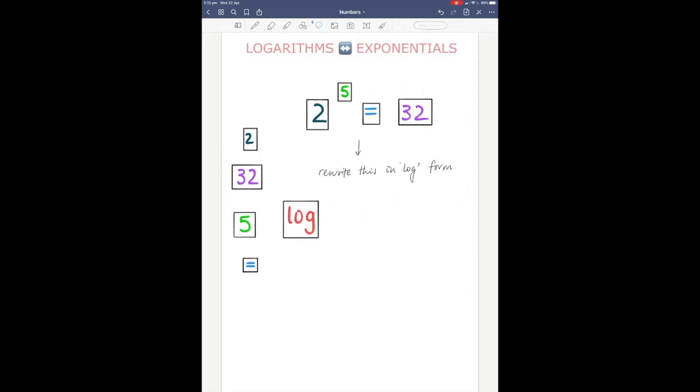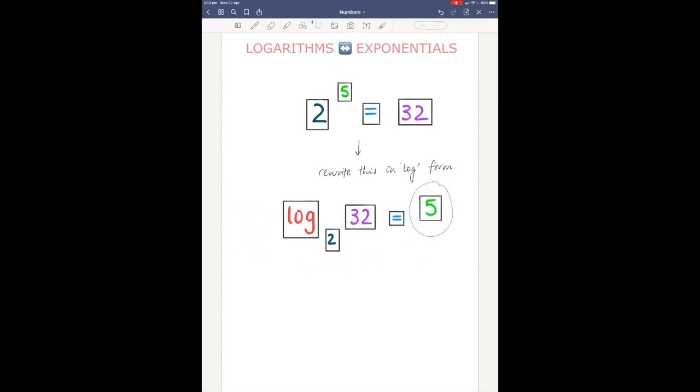So let's take a look. Log of 32 to the base 2 equals 5. And if you think about it, it's answering the question, how many of one number do we multiply to get another? So how many of 2 do we multiply in order to get 32? We need to multiply 2 by itself 5 times in order to get an answer of 32.